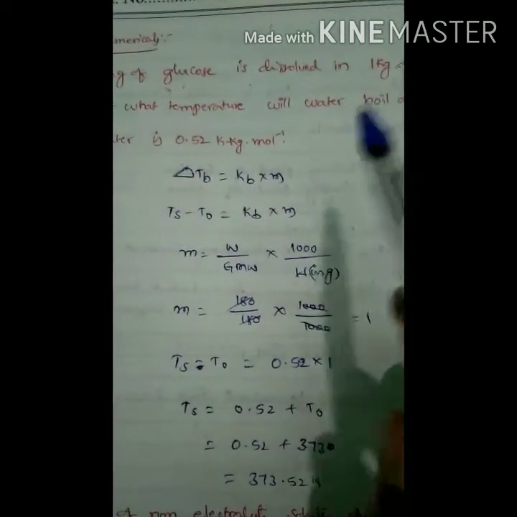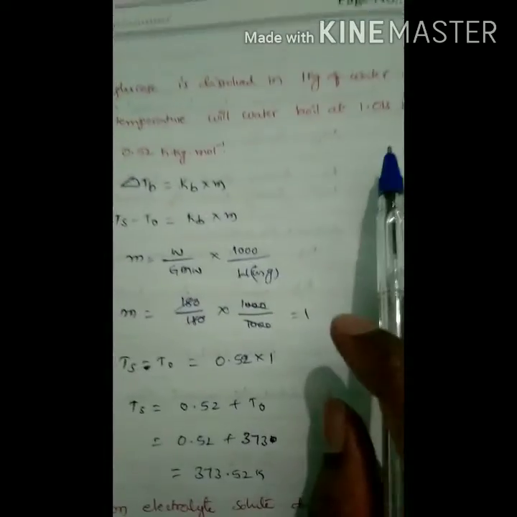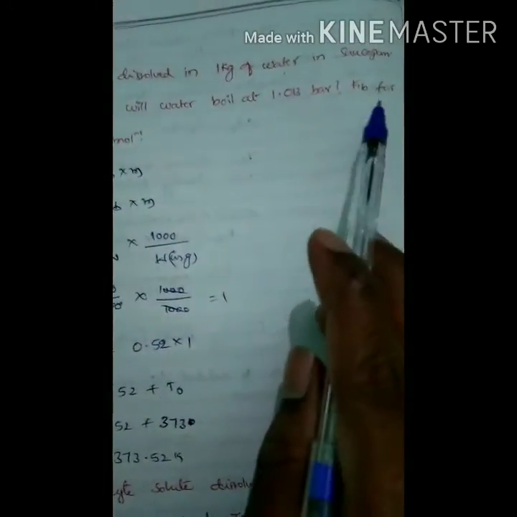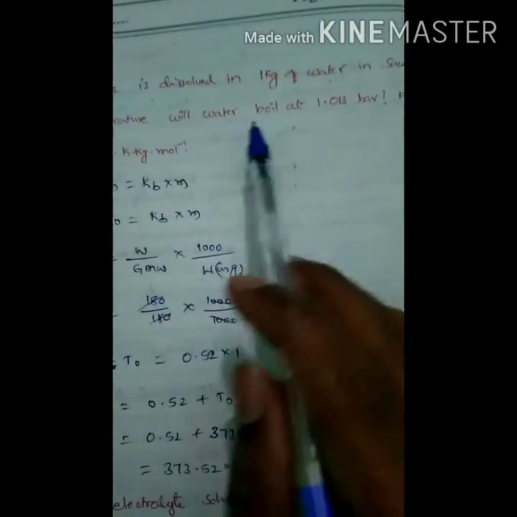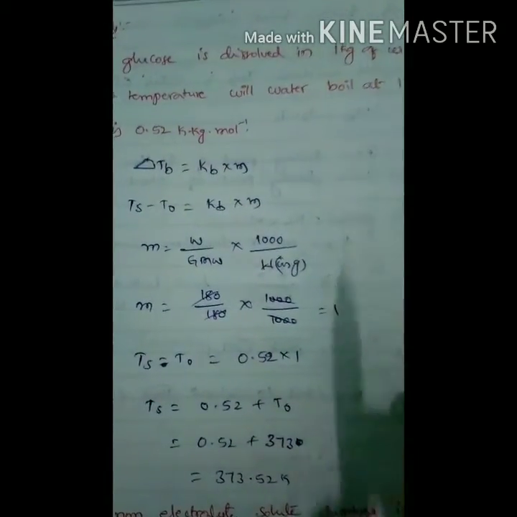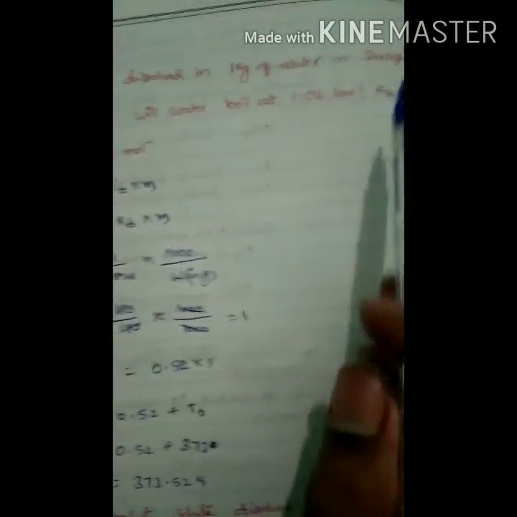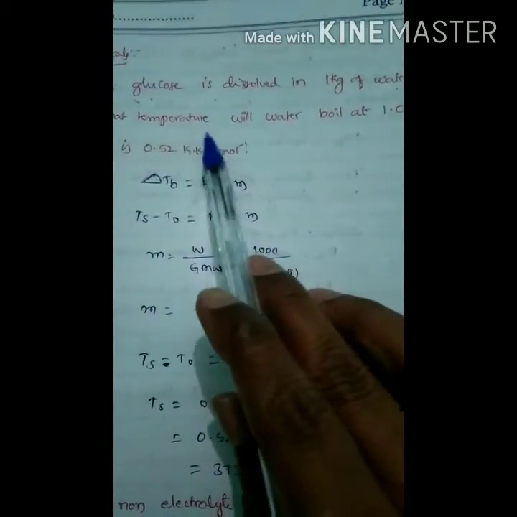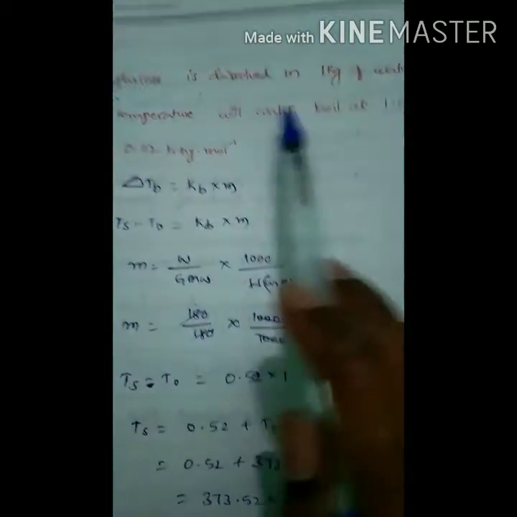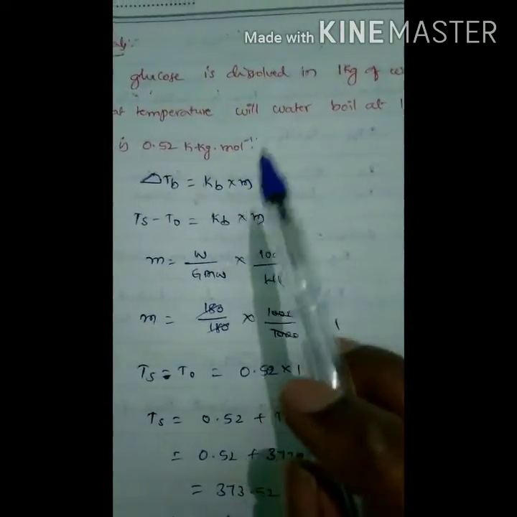So we should find the boiling point of solution only. Here Kb is also given. So based on this data we should think about the delta Tb formula, because Kb is given and we have to find the boiling point of solution.